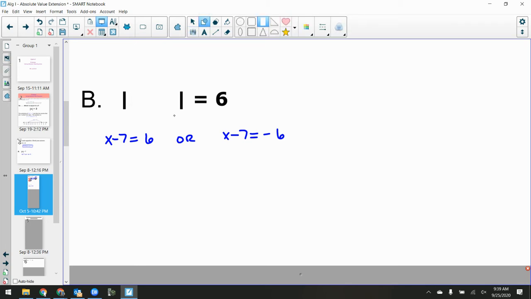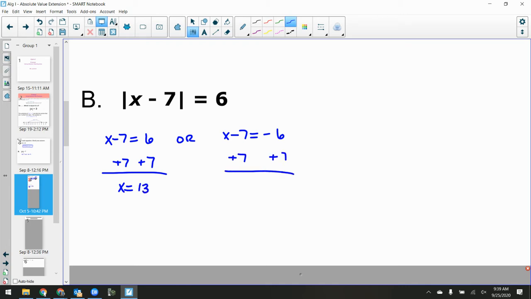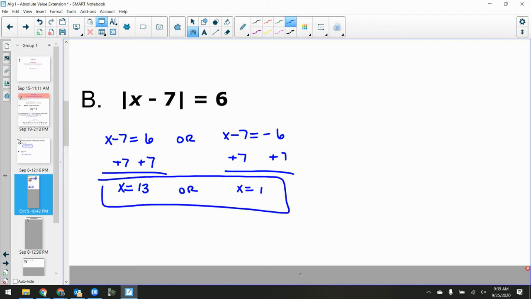If I hid this, I could have either 6 or negative 6 as what goes into here. Okay, so let's solve again. We add 7. 6 plus 7 is 13. We add 7. X is 1. So those are my two solutions. X equals 13 or x equals 1.